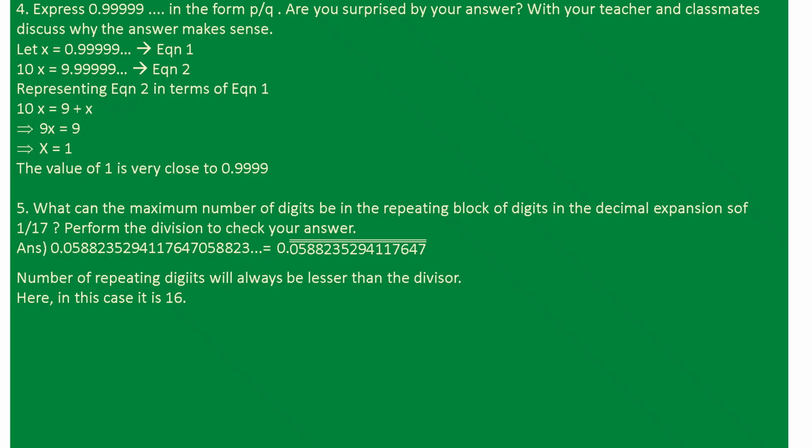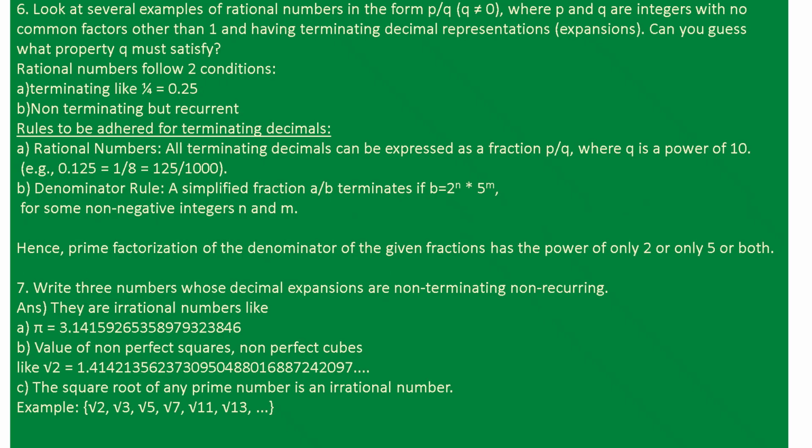If you look into the answer, there is a certain set of digits which gets repeated. So here in this case, the number of repeating digits will always be less than the divisor. In this case, it is 16. Look at several examples of rational numbers in the form p by q, where p and q are integers with no common factors other than 1 and having terminating decimal representations.